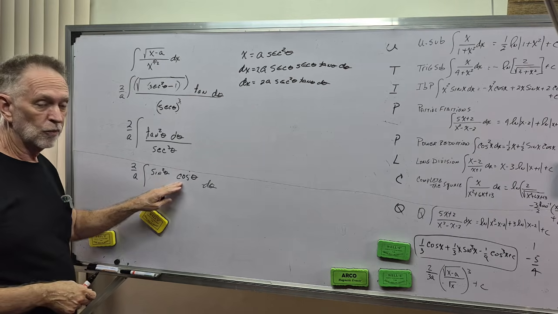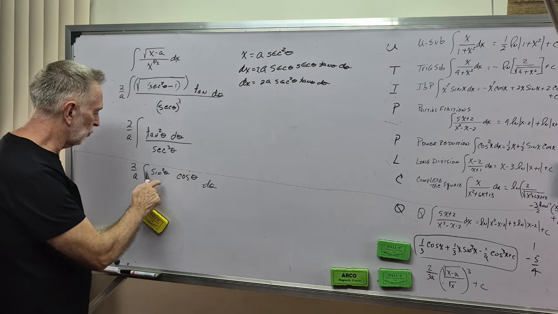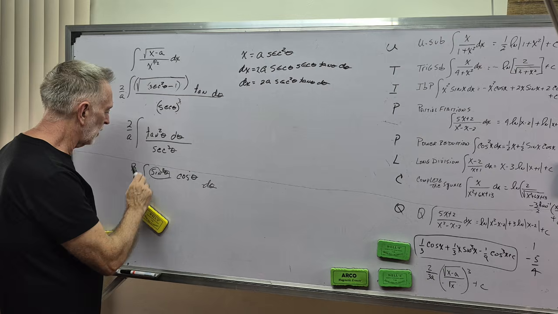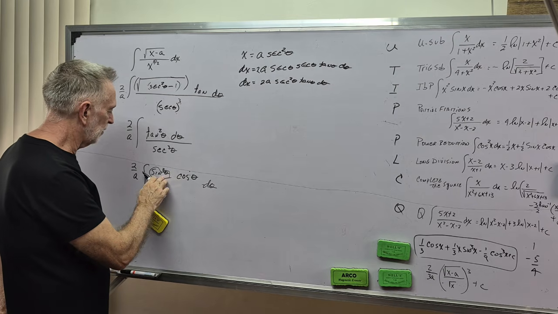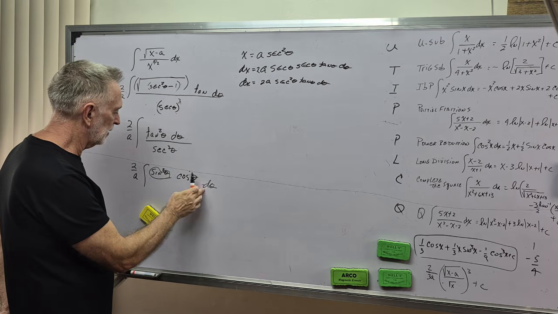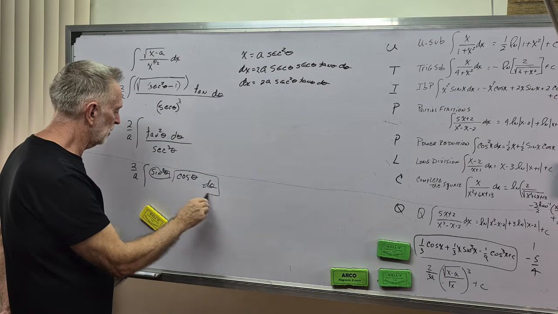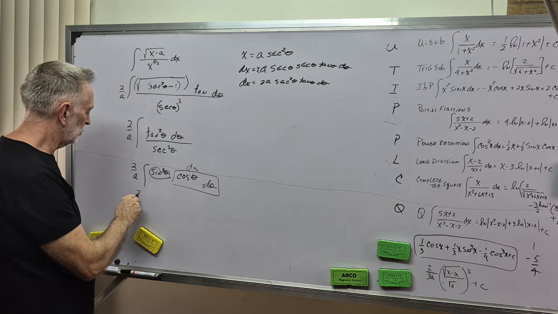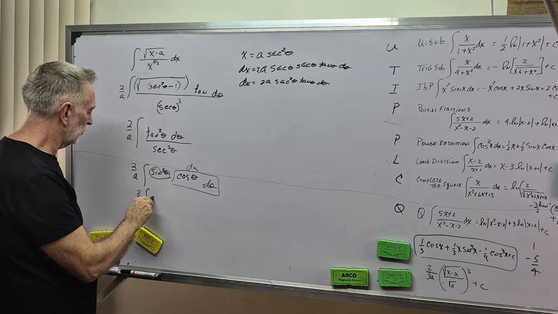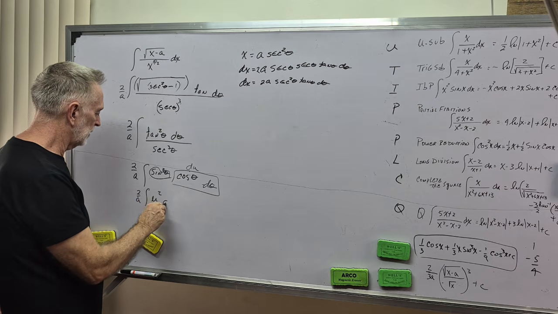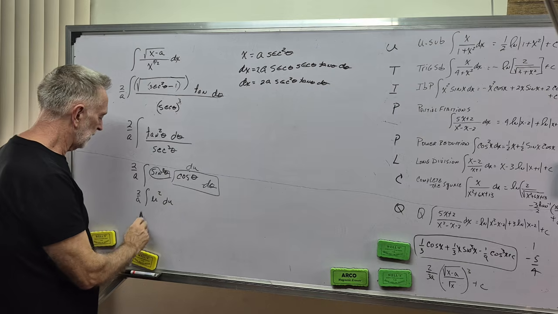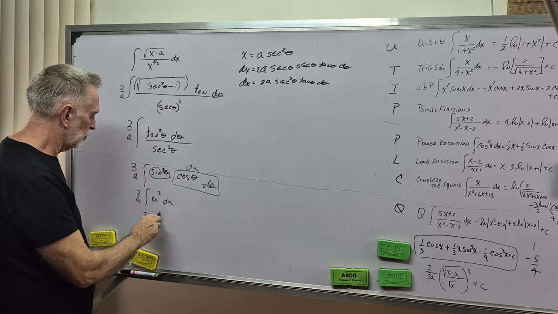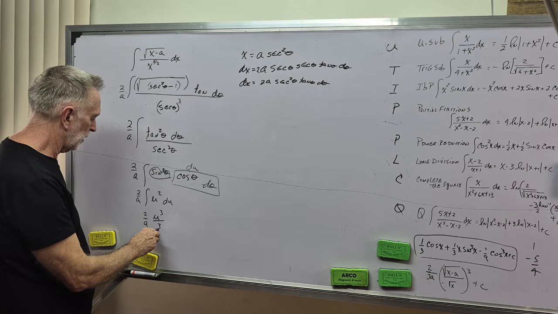Now we know, we're sitting here looking at if u is sine theta, I have u squared. Derivative of sine is cosine theta d theta. So all of this becomes du. So I have 2 over a, the integral of u squared du, and that gives me 2 over a u cubed over 3.